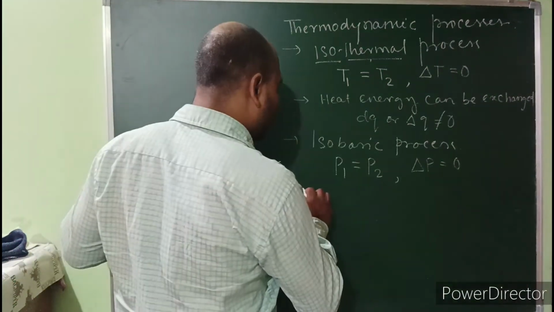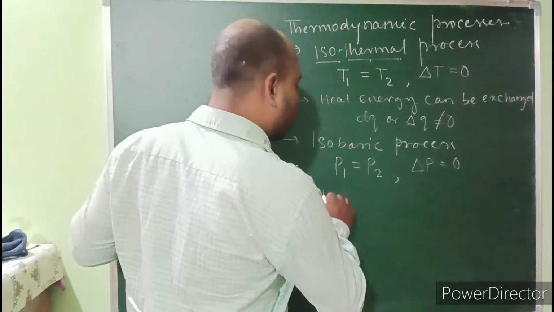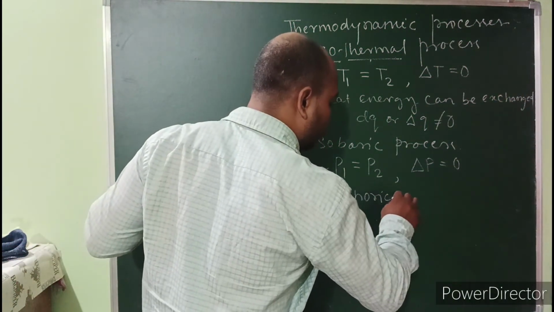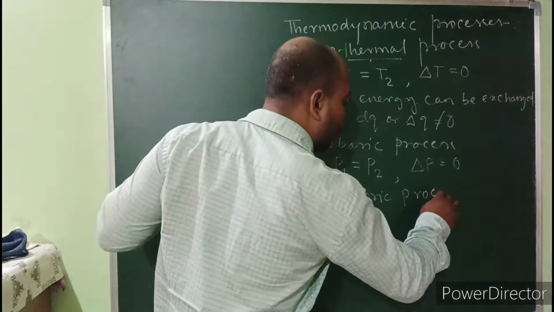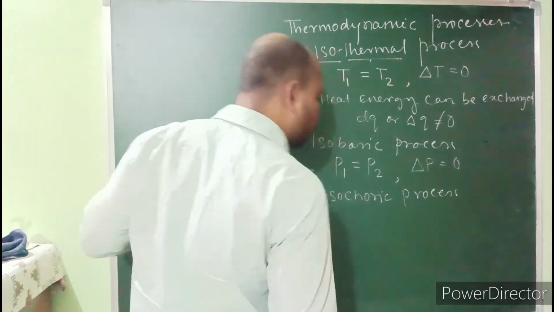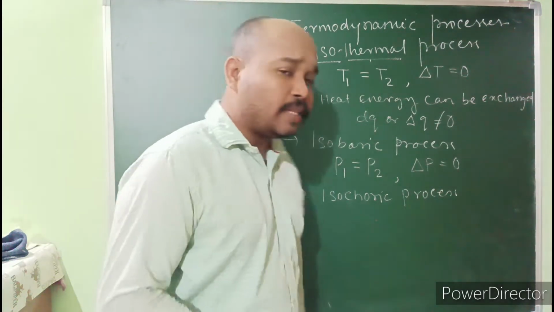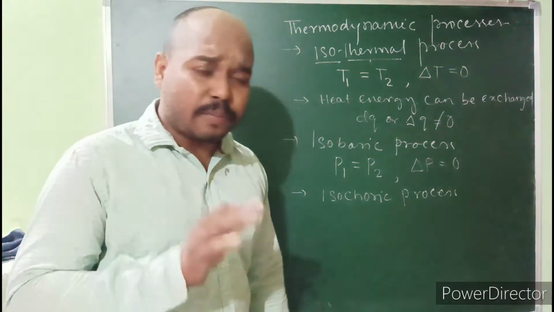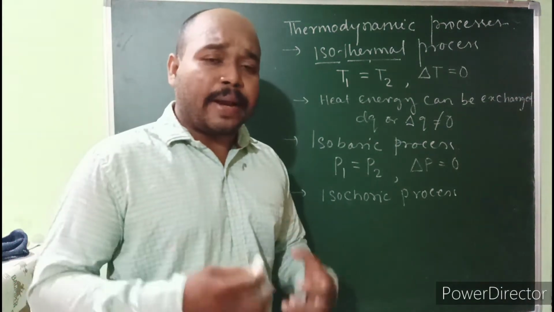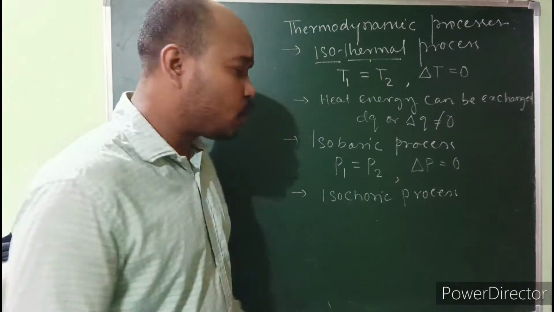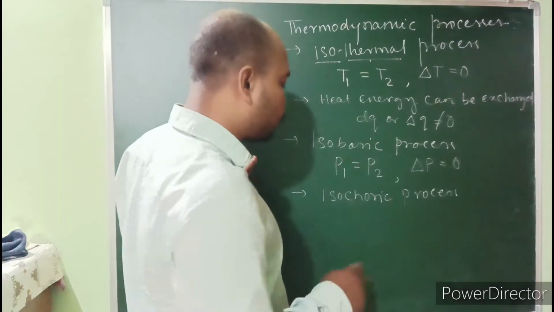Then we will discuss the isochoric process. Isochoric process, same here, choric means volume. A system in which we maintain or take the volume constant is called an isochoric process.